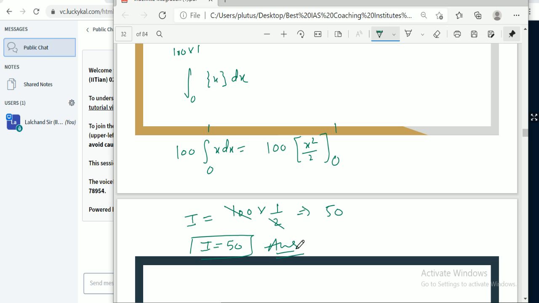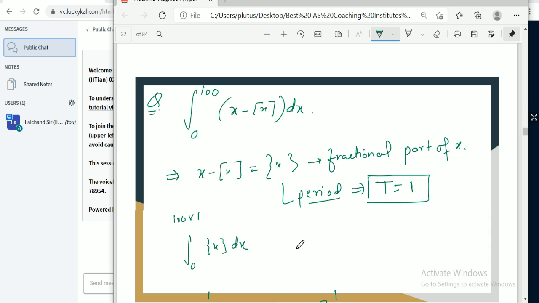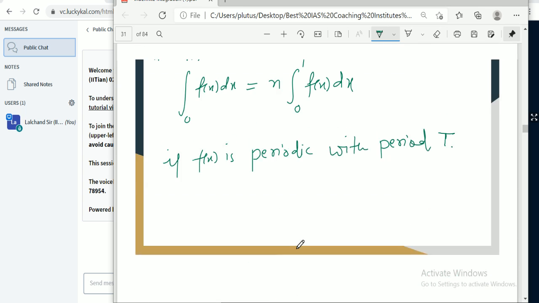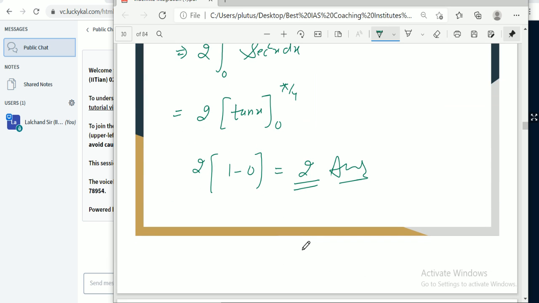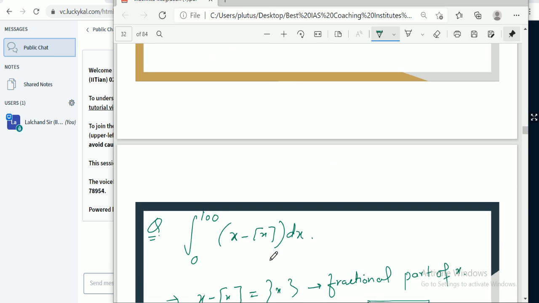Okay, so this is all about this question. Okay, so is there any doubt up to now? We have discussed lots of properties in definite integral. Most of these are the important properties from which questions come every year into JEE Mains. Okay.